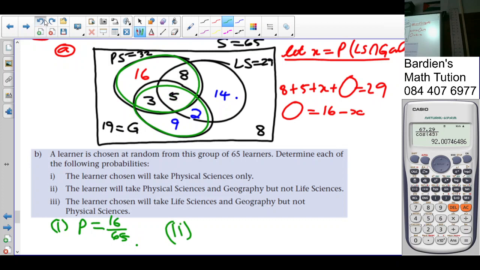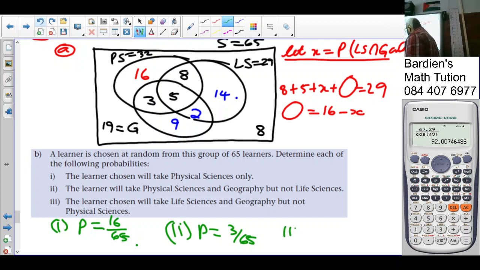You all agree with that? So it will be 3 out of 65. Not so? The last one, the learner chosen will take life science and geography, but not physical science. Write that answer in.